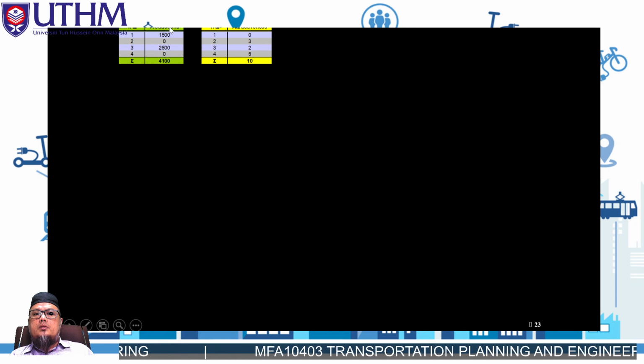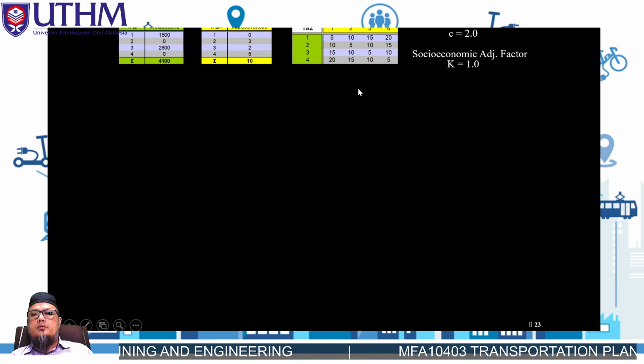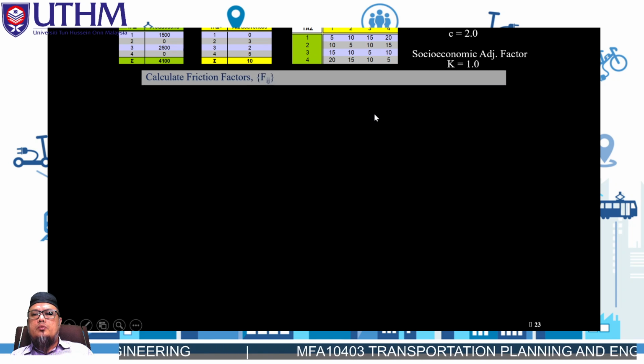We have 4 zones representing production and 4 zones representing attractiveness. We have the trips and the number for attractiveness. We also have the distribution skim table, given the calibration factor 2.0 and socioeconomic factor 1.0.